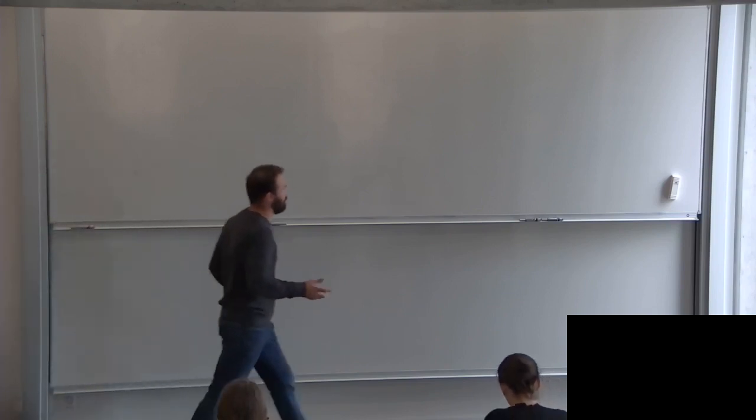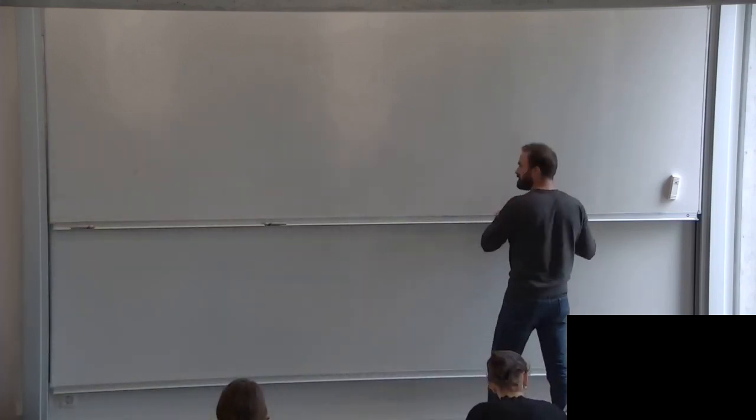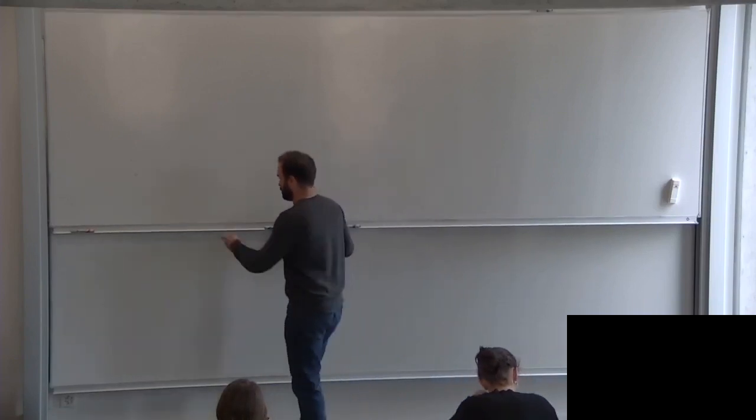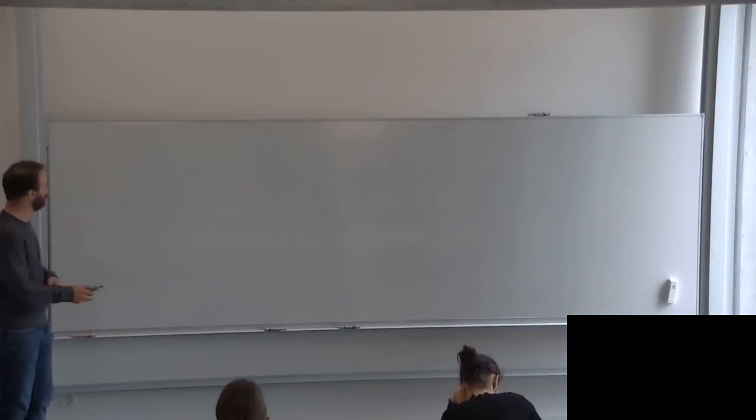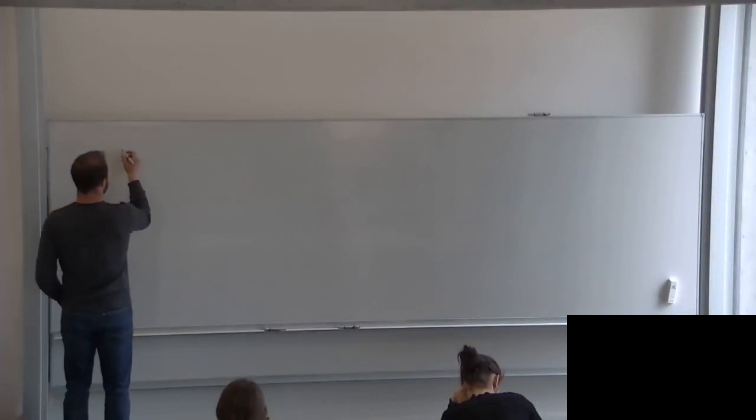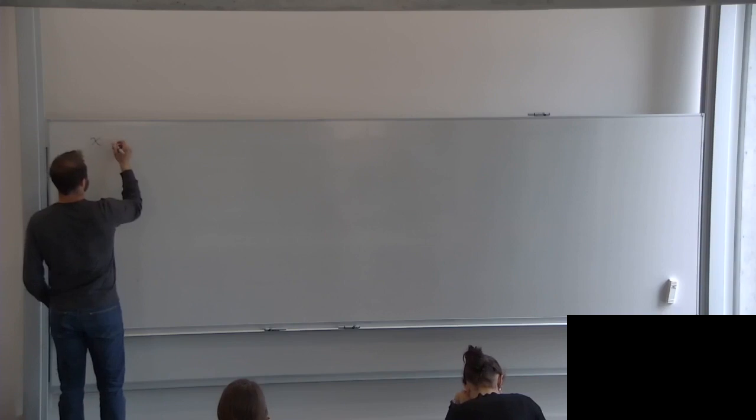Okay, let me start with just a brief recap. It's been a few days. I guess the main notion to recall was the definition of algorithmic complexity. X is a bit string.